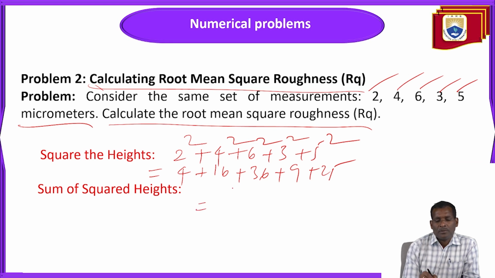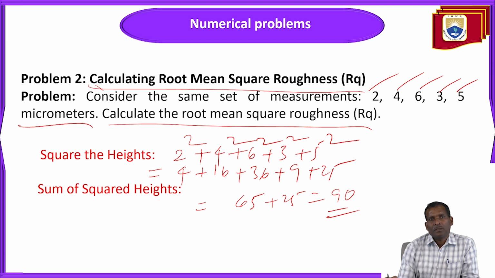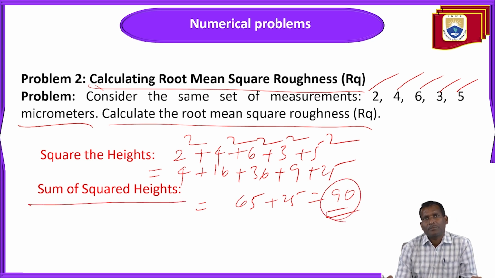So we will get 20, 56, 56 plus 9 is 65, 65 plus 25 is 90. The sum of squared heights: first square the heights, and then sum them. The total of the squared heights is 90.